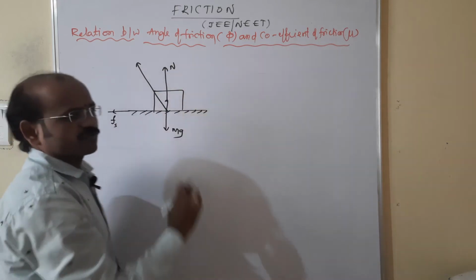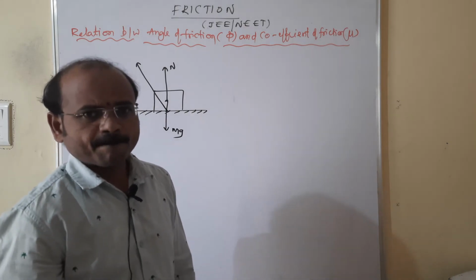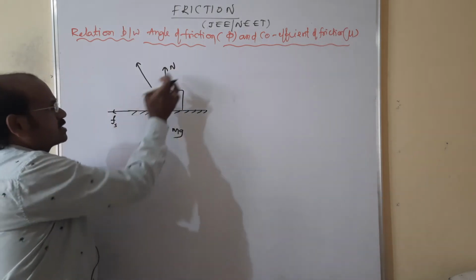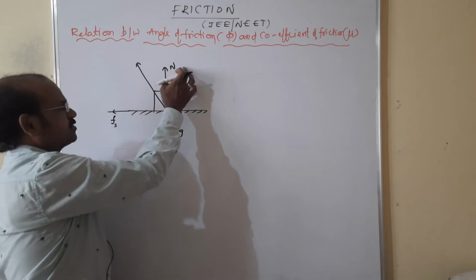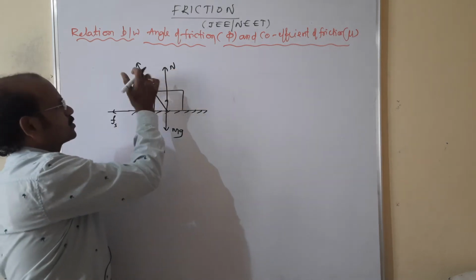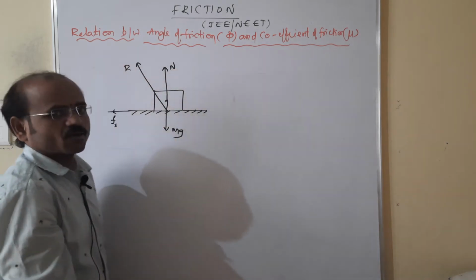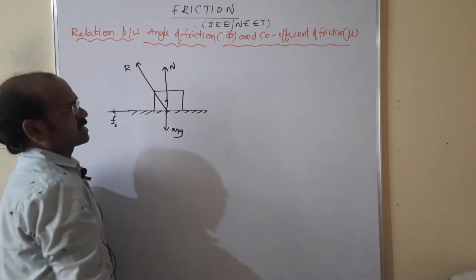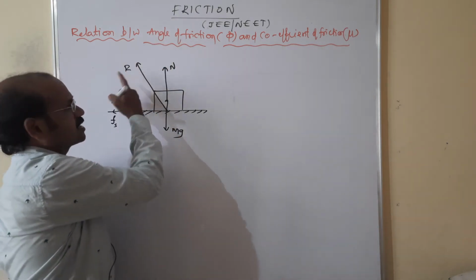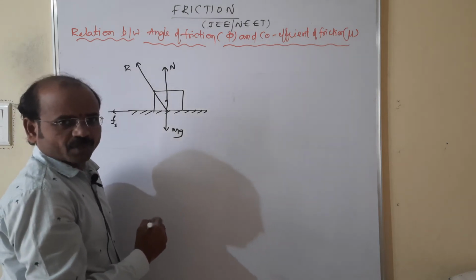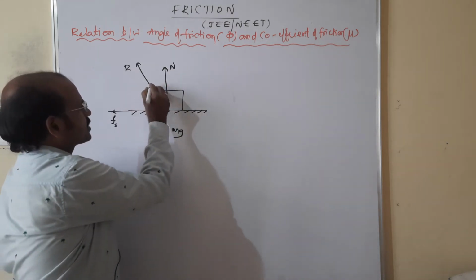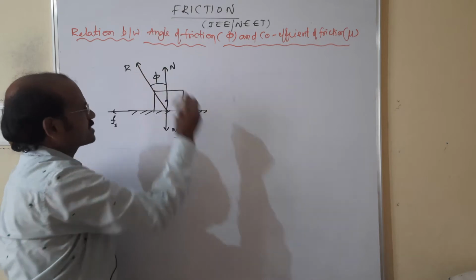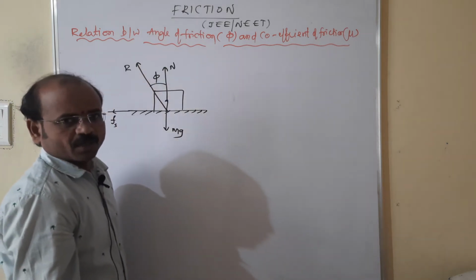Frictional force and normal force are always perpendicular. The resultant of the frictional and normal forces, capital R, we can call the contact force. We know the angle of friction is nothing but the angle subtended by the resultant with the normal, right?